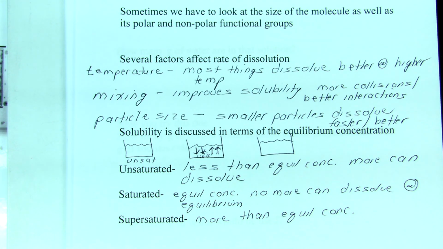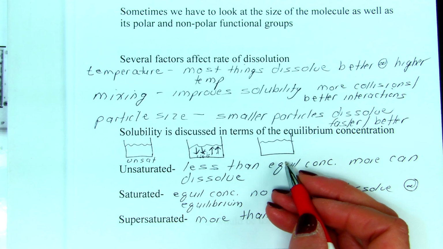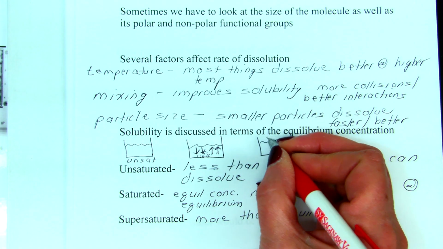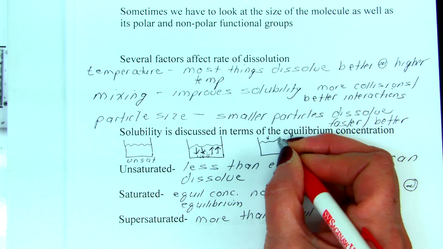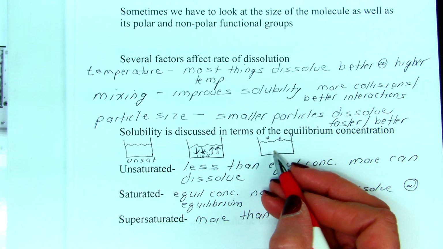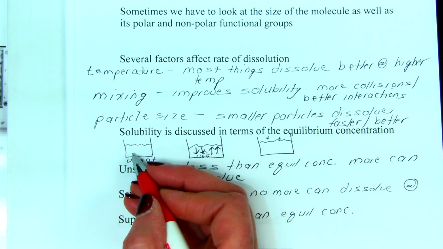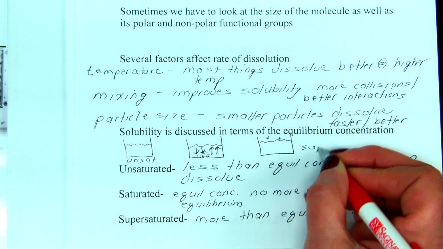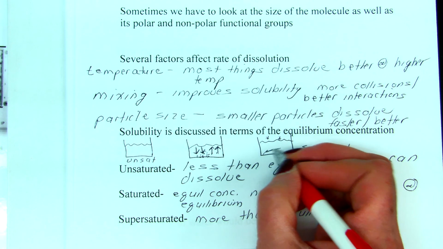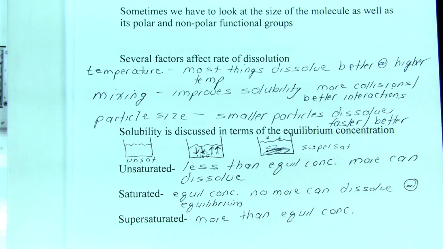But when you mistreat it in any way, if you drop a little seed crystal in here, they look like snowflakes, but they're seed crystals. Right now, the supersaturated and the unsaturated look the same. But if I drop this seed crystal in, all of a sudden, everything just precipitates. You just get solid dumping out.